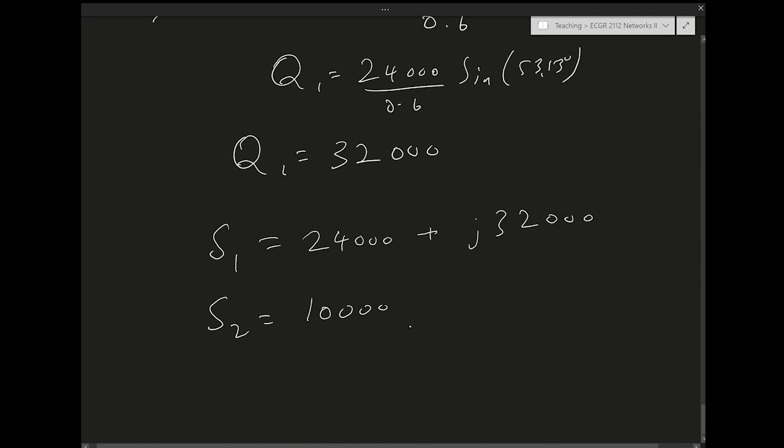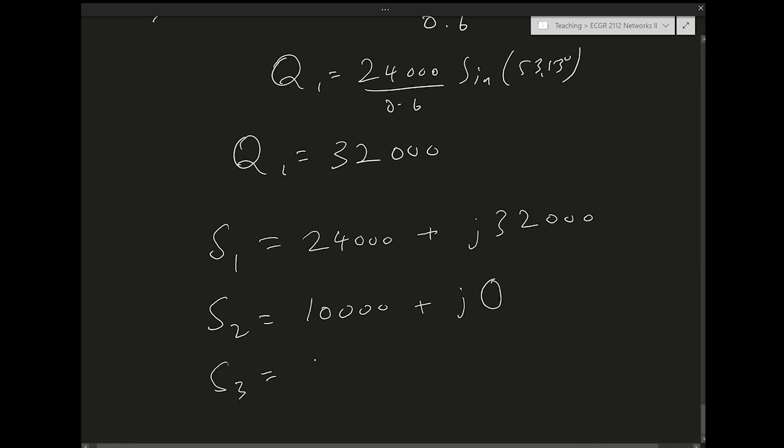What does unity power factor mean? That means that cosine theta is 1, meaning theta is 0 degrees. Theta 1 is 0 degrees. What's sine 0, right? Sine 0 is 0, so there is no reactive power. So we have plus J 0, and then S3 is given as apparent power, which simplifies things.